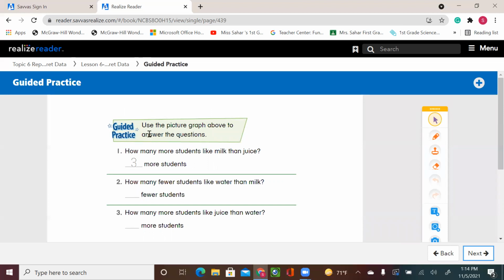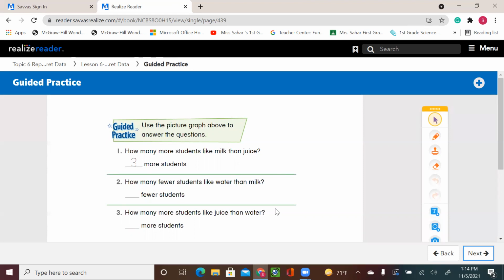All right. Use the picture graph above to answer the question. You have this in your book. This is where it has the lunch drinks: milk, water, and juice. Let's answer here. How many more students like milk than juice? If you go back to the previous picture, we said that 6 kids chose milk, 1 chose water, and 3 chose juice.